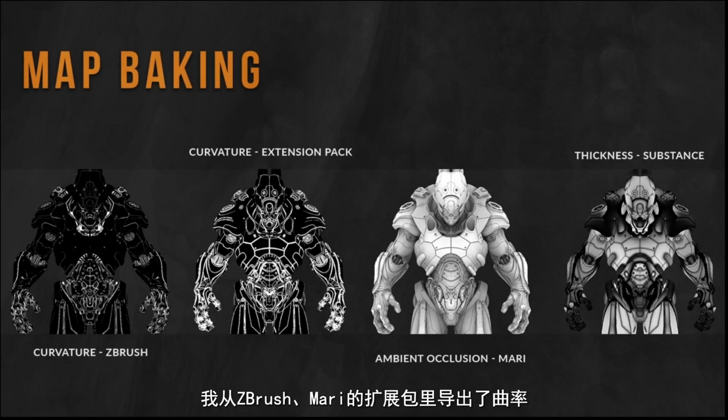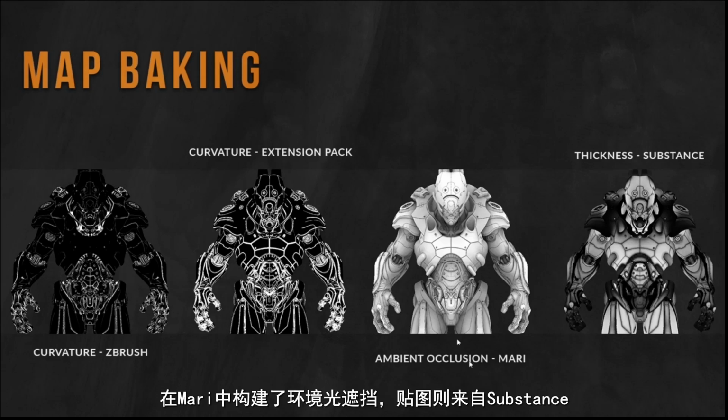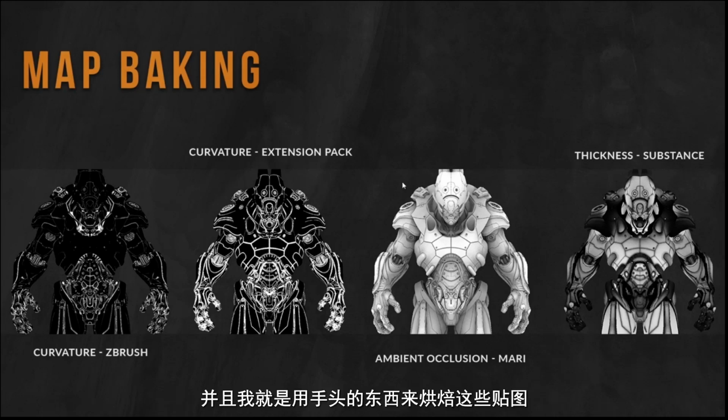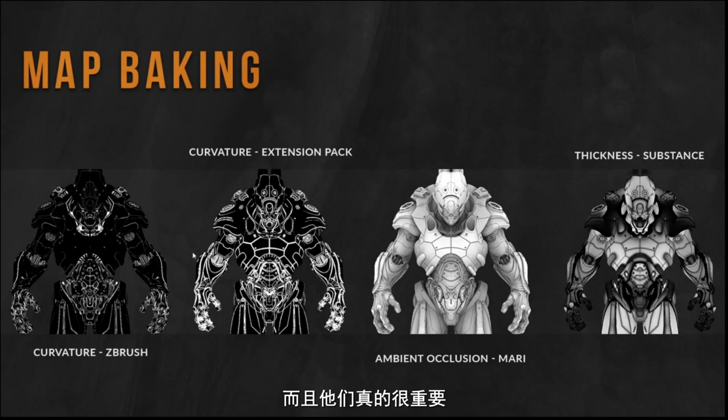I had curvatures from ZBrush, from the extension pack in Mari, the ambient occlusion built in Mari, and maps from Substance. I just use whatever I have in hand to bake these maps. And they're really important because they're going to help me drive a lot of the masks, like the wear masks that we have on the edges, and if you want to add dust to the crevices. So these maps are extremely important.